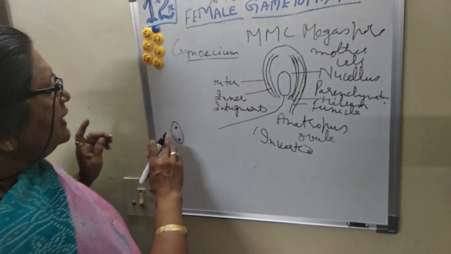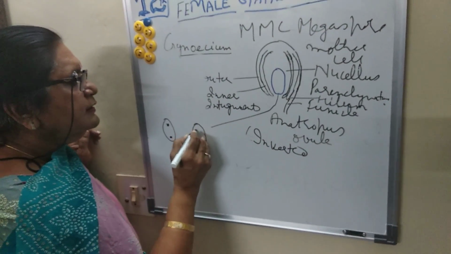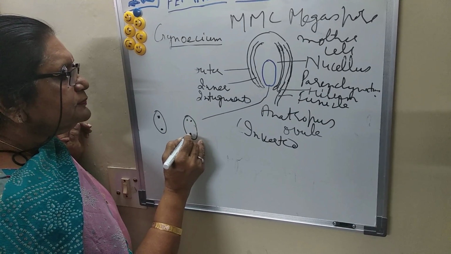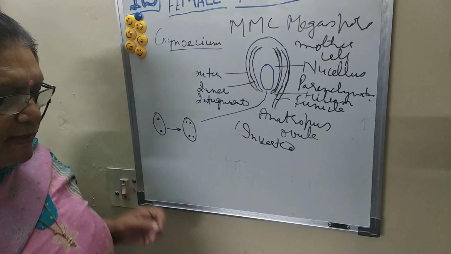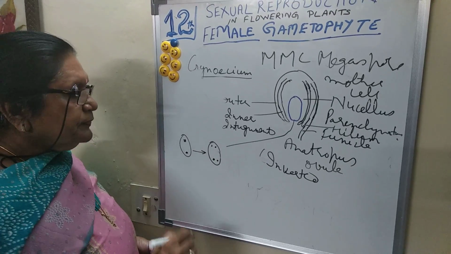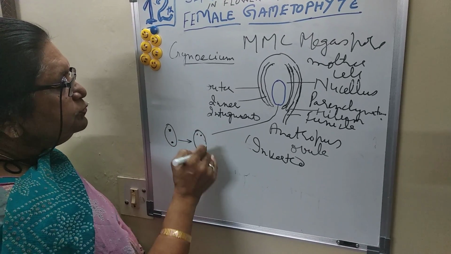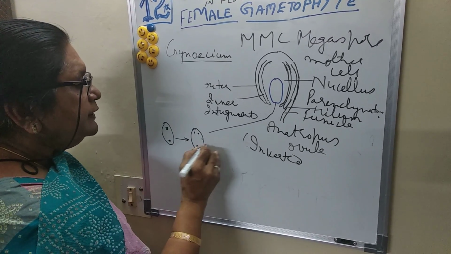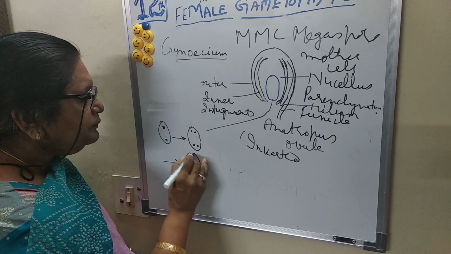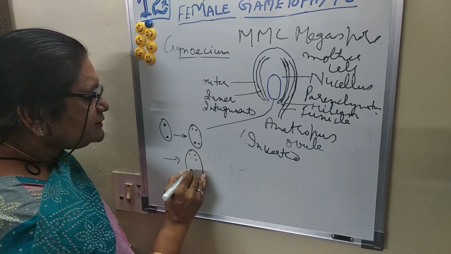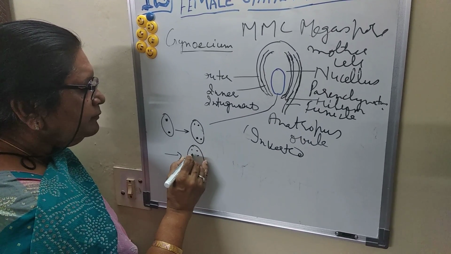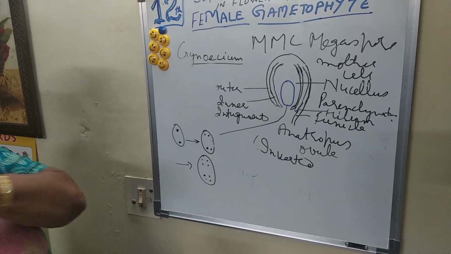Then they divide again and four nuclei are formed, two on each side. On the next division, four on both sides, because they are dividing.